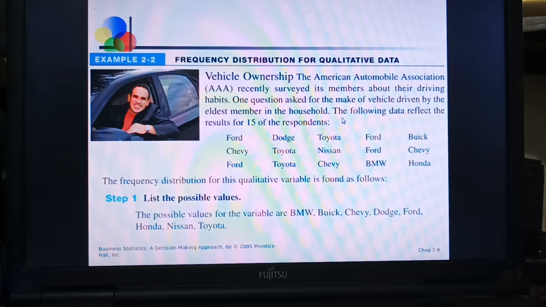The following data reflect the results for 15 of the respondents. So the make of the vehicles or brand: Ford, Chevy, Ford, Dodge, Toyota, Nissan, Chevy, Toyota, Ford, BMW, Buick, Chevy, Honda. The frequency distribution for this qualitative variable is found as follows.